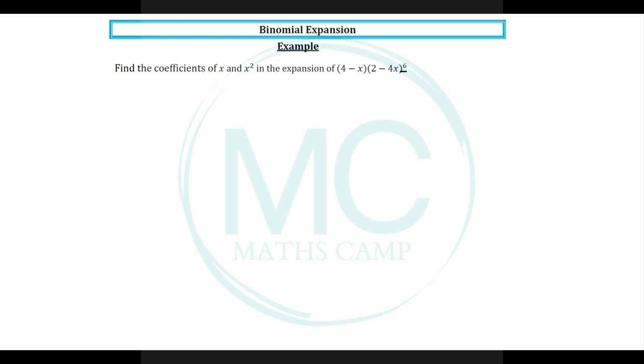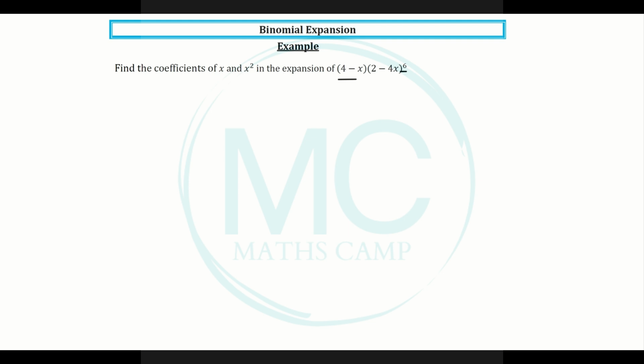But the first bracket does not have any exponents, so we cannot expand. This means that to find the x and x squared terms, all we need to do is multiply this bracket by the expansion of the second, but that is multiplying by 7 terms.